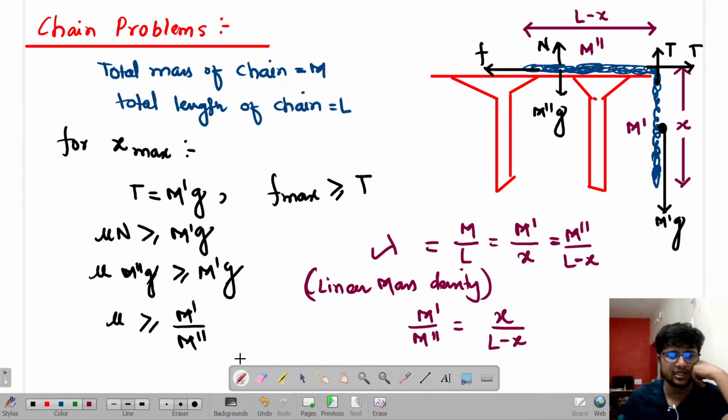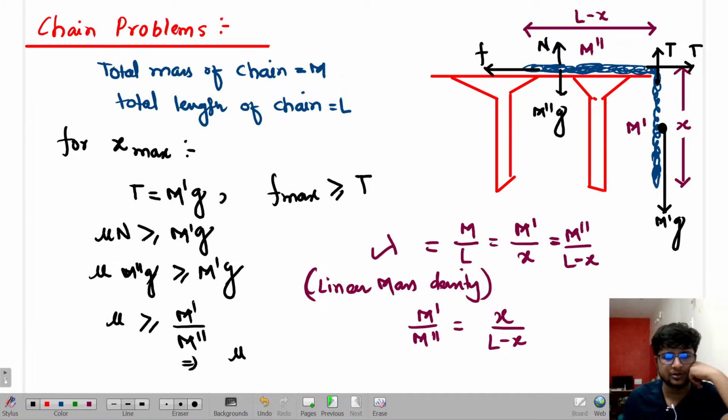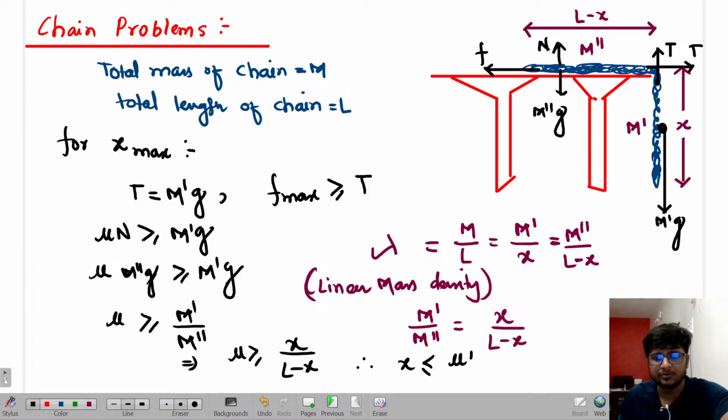You put it over here, and you will get mu must be greater than x by L minus x. If you solve it, this means that x must be less than or equal to mu L divided by 1 plus mu. This much only must be the length of the chain which can hang from the table, such that the chain will not fall on the ground. Is that clear or not clear?